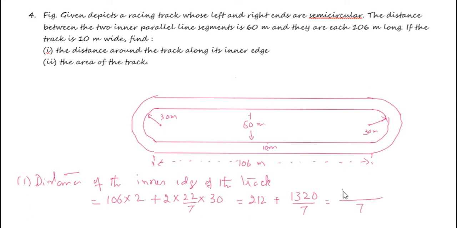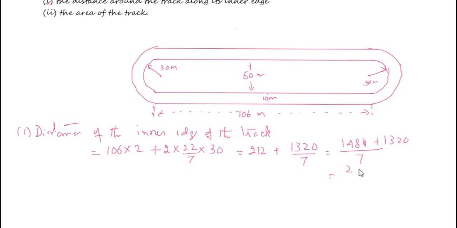This is 1484 plus 1320, that is equal to 2804 divided by 7 meters. That is the length of the track on the inner edge. One complete round on this edge is the distance, 2804 divided by 7 meters.